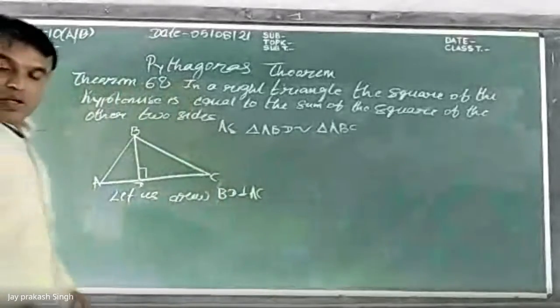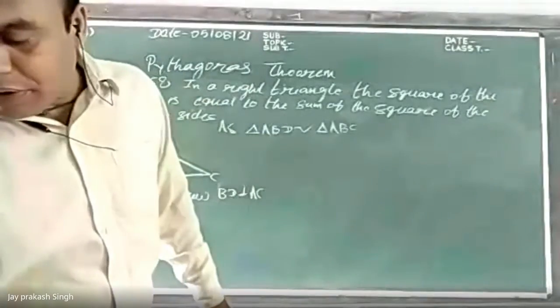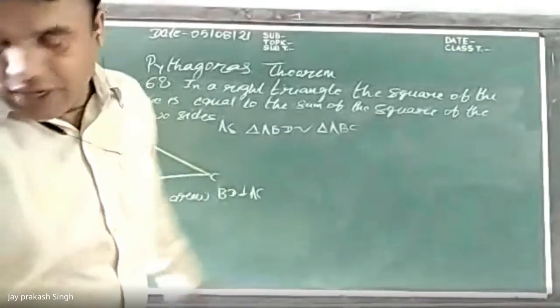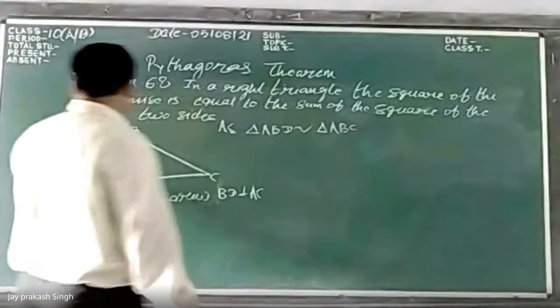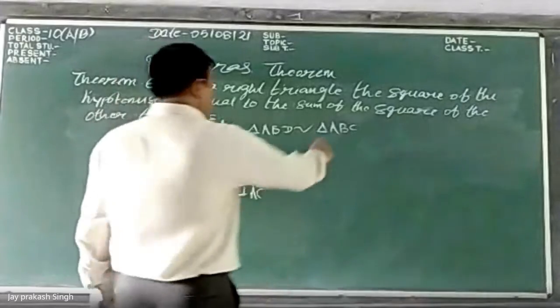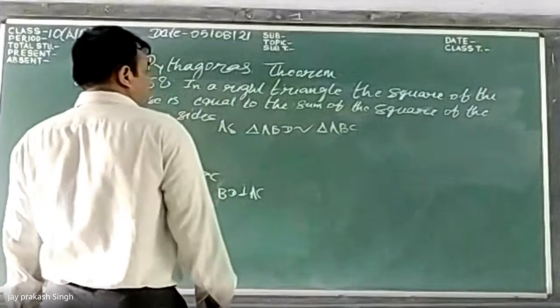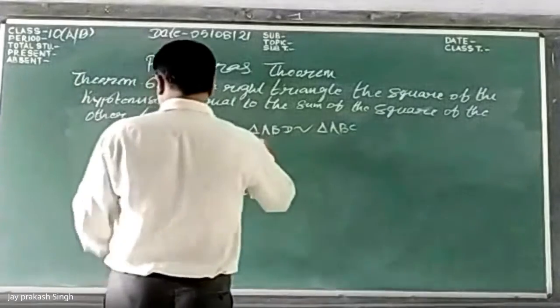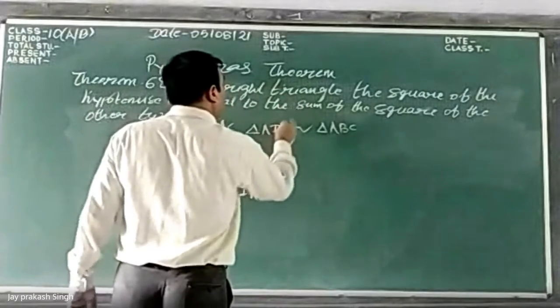Based on the theorem we have proved, we can write that ADB is similar to ABD, which is similar to ABC. So ABC we have written, and ADB I will write down.